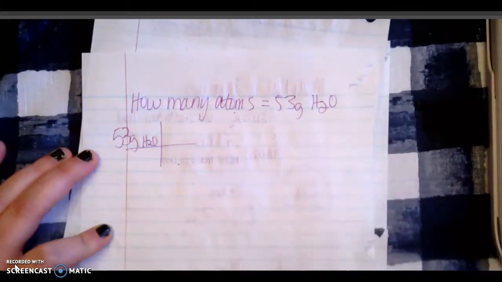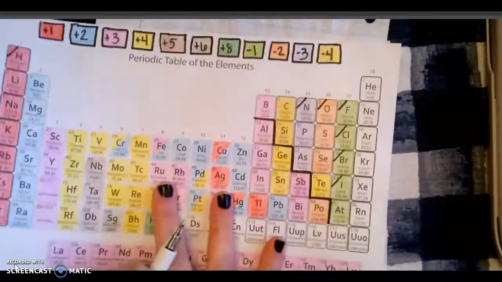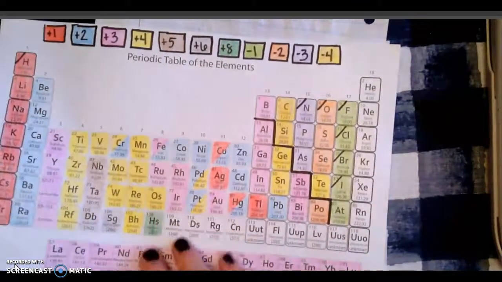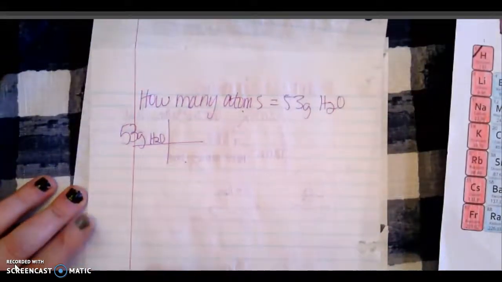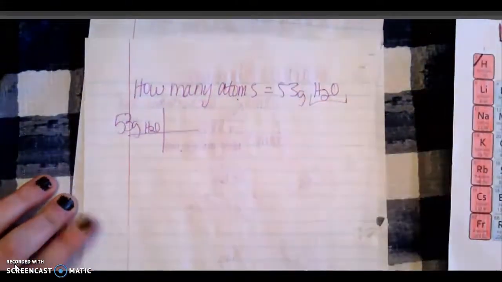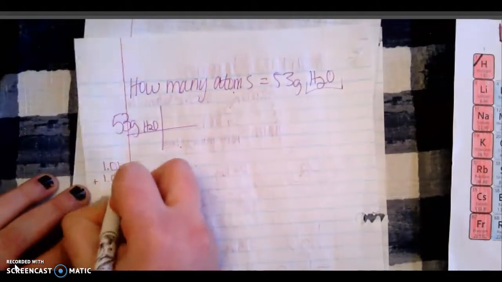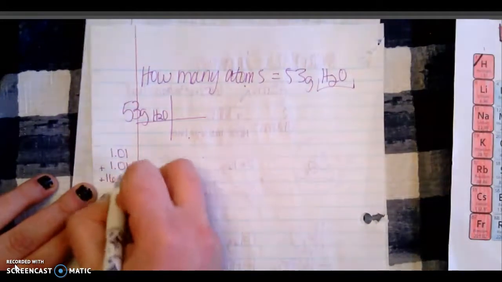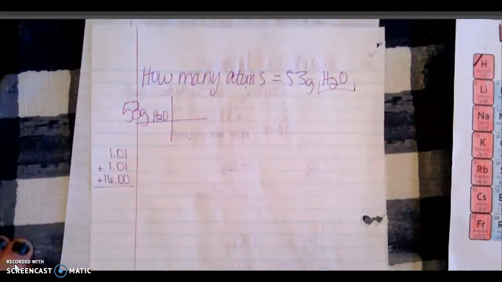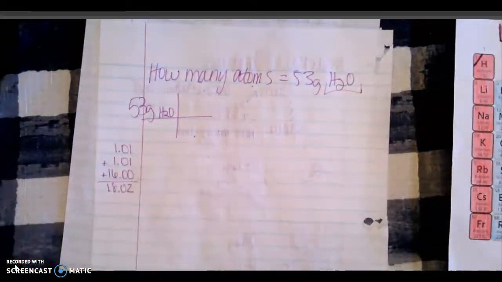But the problem is there is not an H2O element on my periodic table for me to figure out how much H2O weighs. So I have to individually calculate how much this weighs. The way I do that is I say H, which is 1.01, plus H, which is 1.01, plus O, which is 16.00. If I add that all together, I get 18.02.